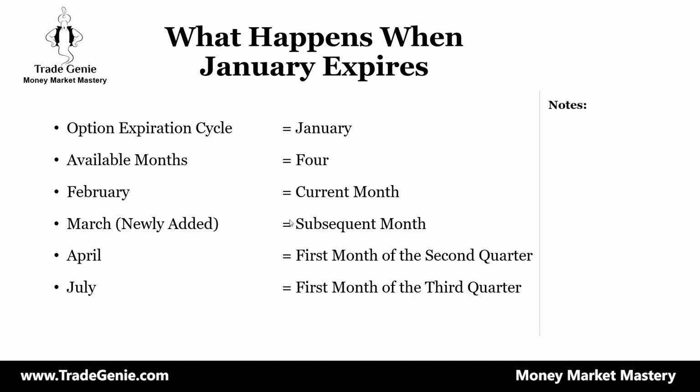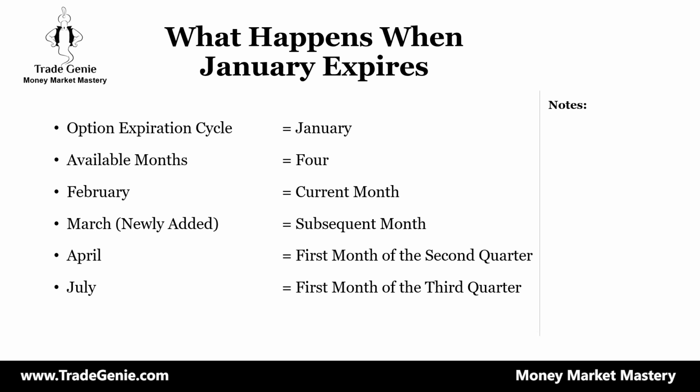January will no longer be available. But because February was the subsequent month of January, it will still be there, and it becomes the first month. Even though we are in January, we see February because it's a subsequent month.